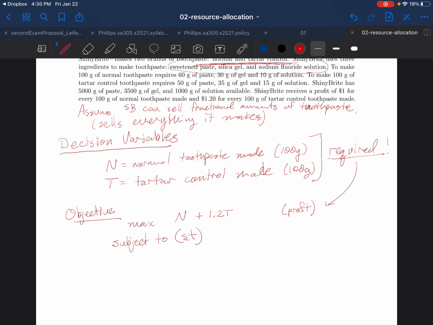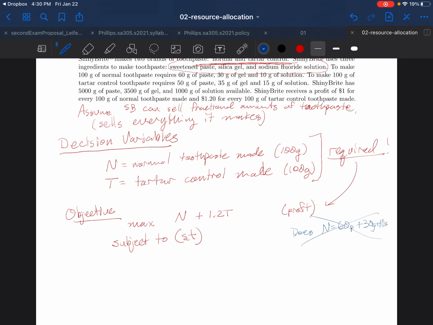Well, let's see. We have a constraint on paste. And this is where people get into trouble. It's tempting to say something along the lines of, does N equal 60P plus 30G plus 10S for paste, gel, and solution?